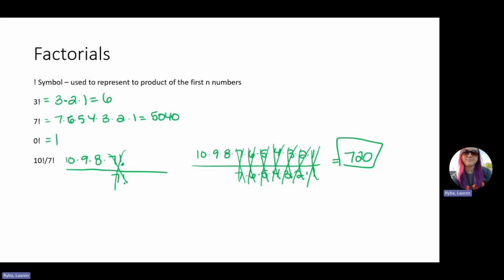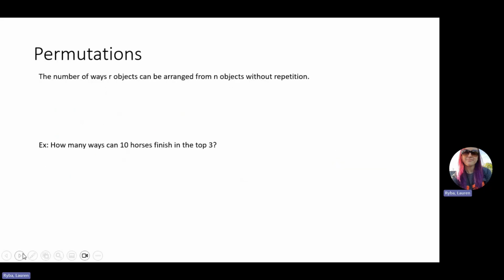Factorials are used when we do permutations and combinations. The first is a permutation. A permutation tells you the number of ways r objects can be arranged from n objects without repetition. The way it's usually written is little n, capital P, little r.